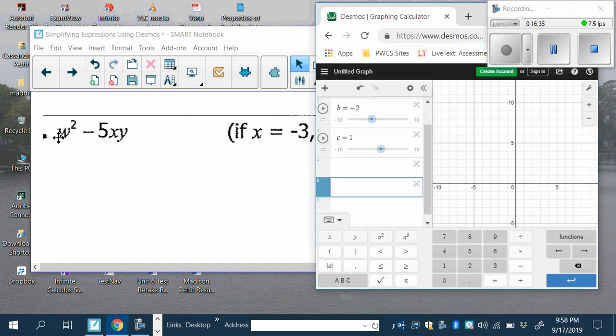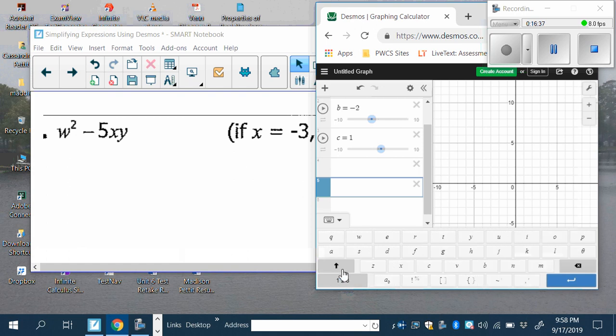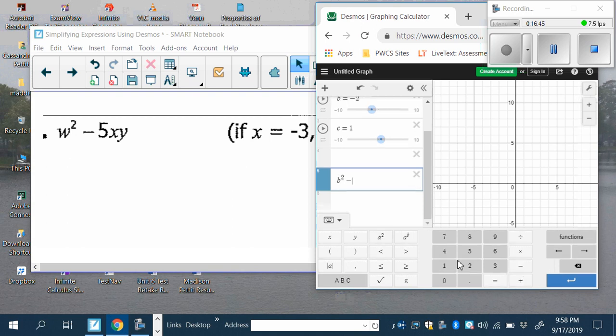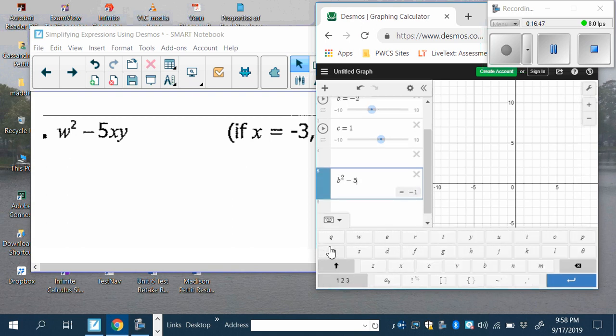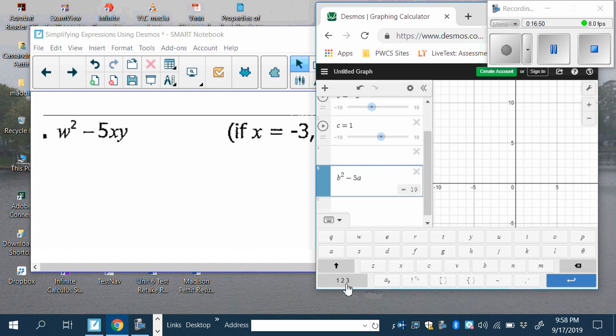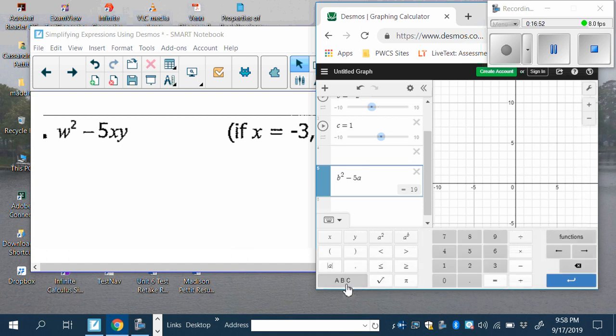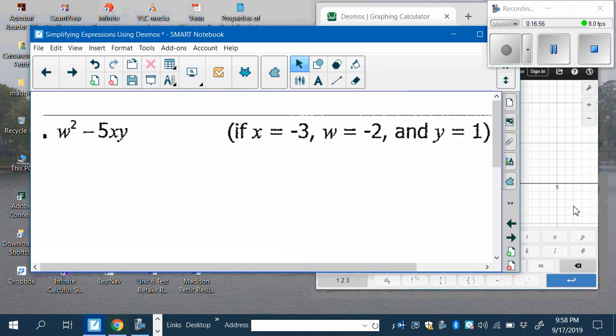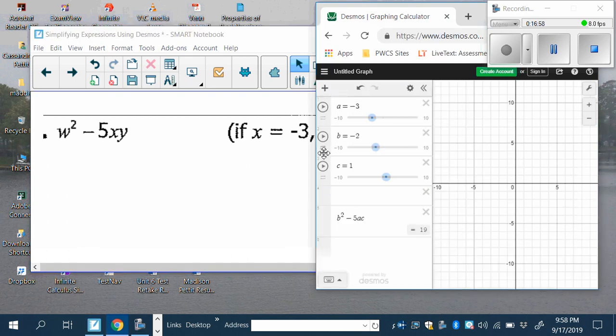W is B, so this is going to be B squared minus 5 times X, which is our A, and C. And there it is. It's 19.